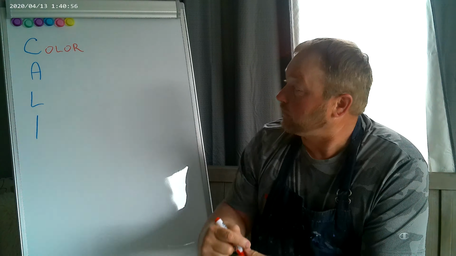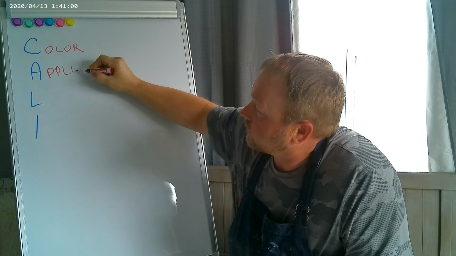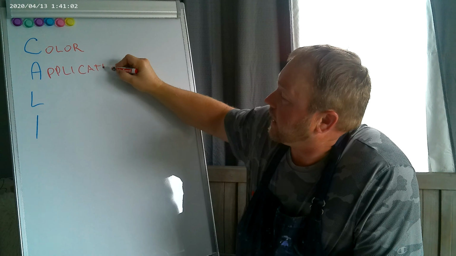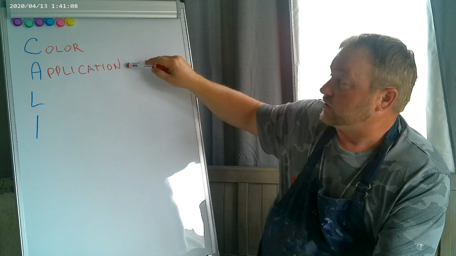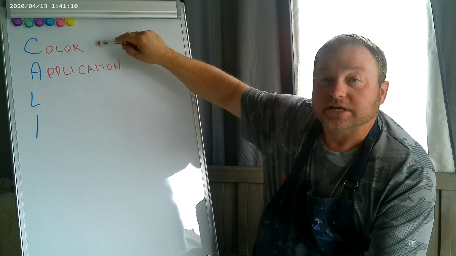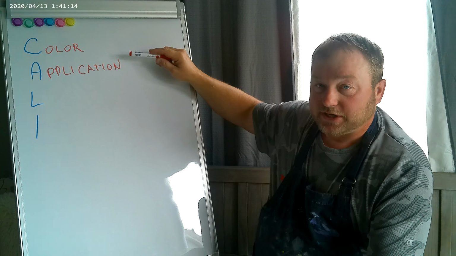What's the next thing? Application. Application of the paint on your canvas. How we put it on there. And that is in direct correlation with color, because how we put the colors on the canvas is what's going to give us our cells.